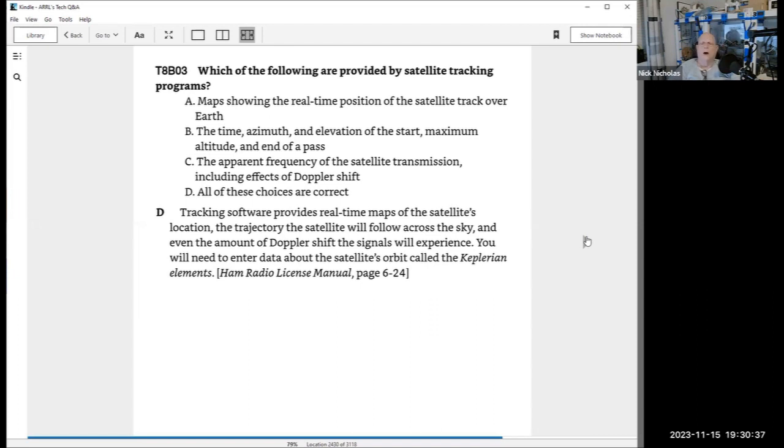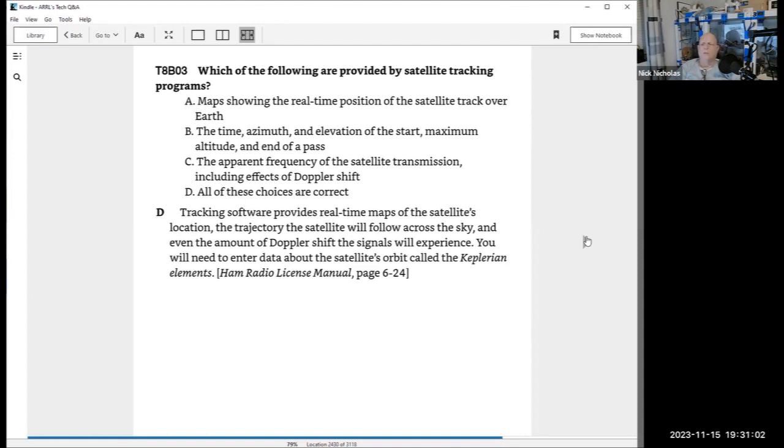Which of the following are provided by satellite tracking programs? Okay. Satellite tracking programs usually show you a map of real-time positions of the satellite going over the Earth. It'll tell you the time, azimuth, and elevation of the start, minimum altitude, and the end of the pass of the satellite.